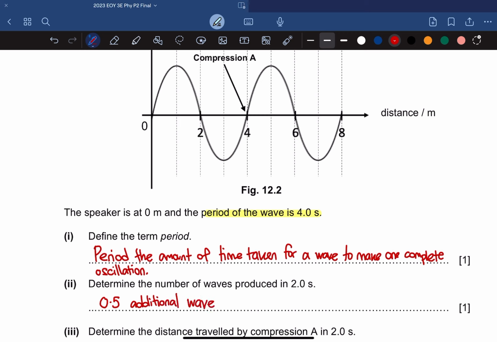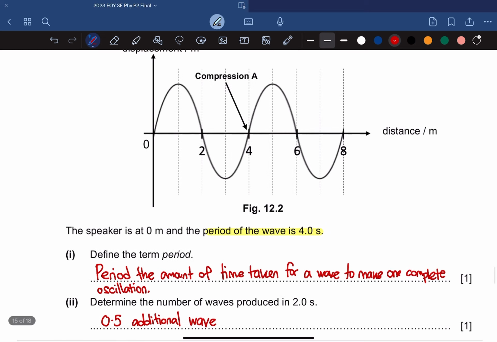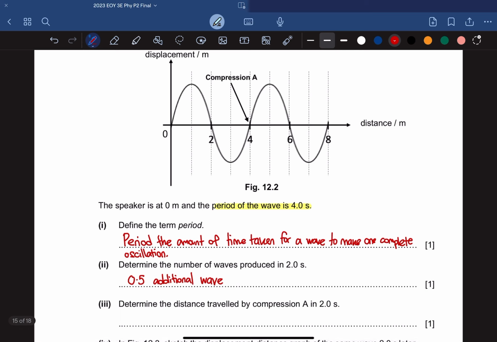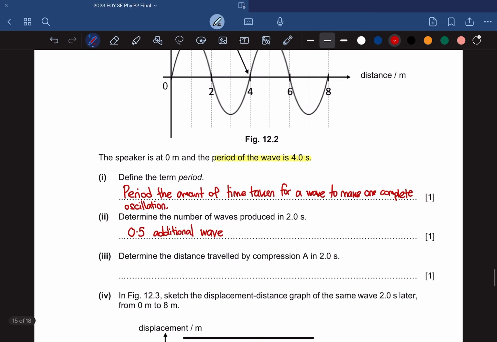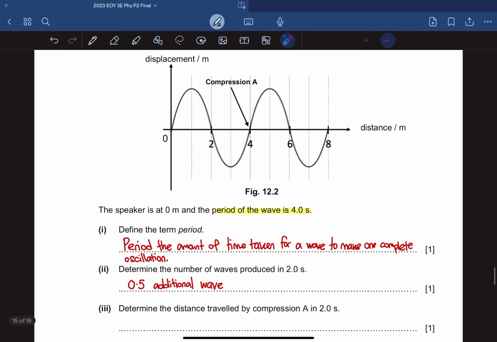And for part 3, if compression A travels in 2 seconds, the new wave will look something like this. Compression A will simply move half a period, because we know that in 2 seconds half a wave will be produced.